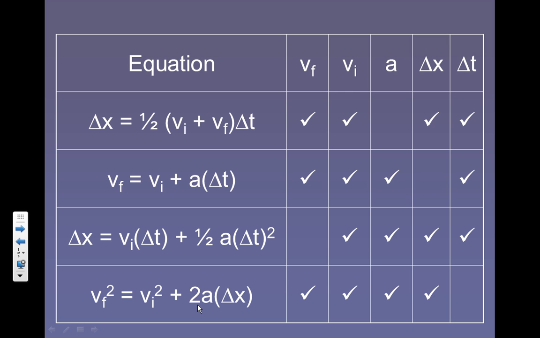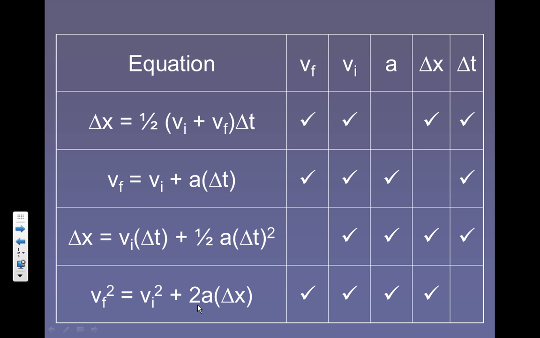One thing that should become obvious in a little bit when we start doing problems is the fact that there are only 4 variables in each of those equations. A big part of doing problems using kinematic equations is determining which of the equations is the appropriate one for us to use based on what we're looking for and what they gave us to work with in the problem. And we'll talk about how to do that here in just a second.